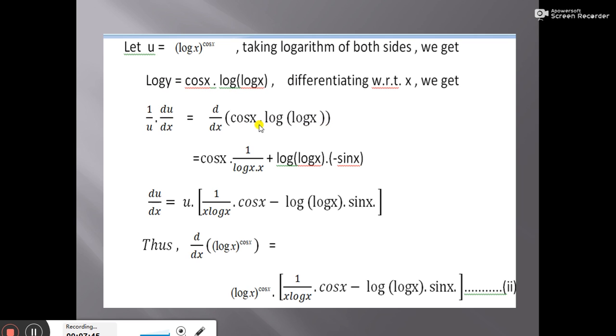That means apply the product rule: first as it is into the derivative of log of log x, that means 1 by log x into the derivative of log x, that means 1 by x, plus log of log x into the derivative of cos x, that is minus sin x.